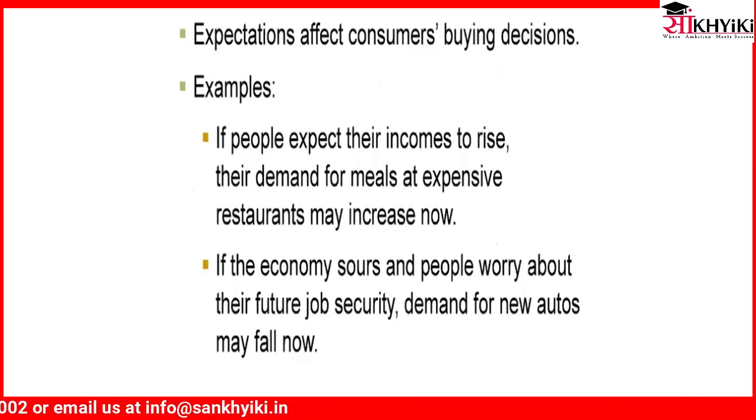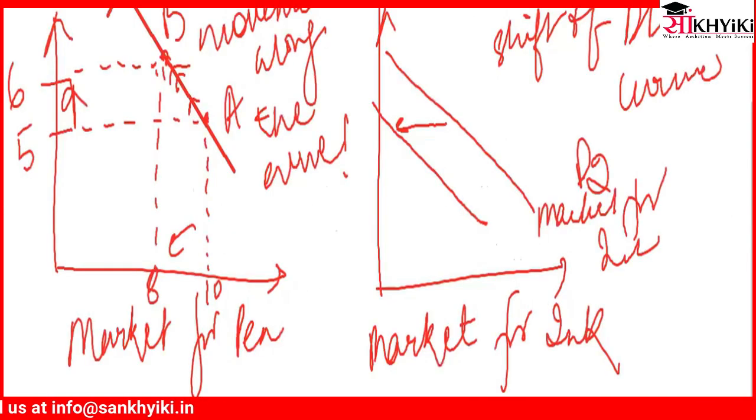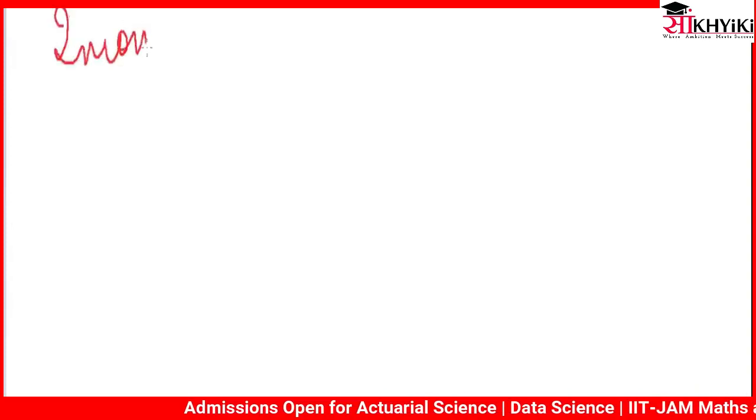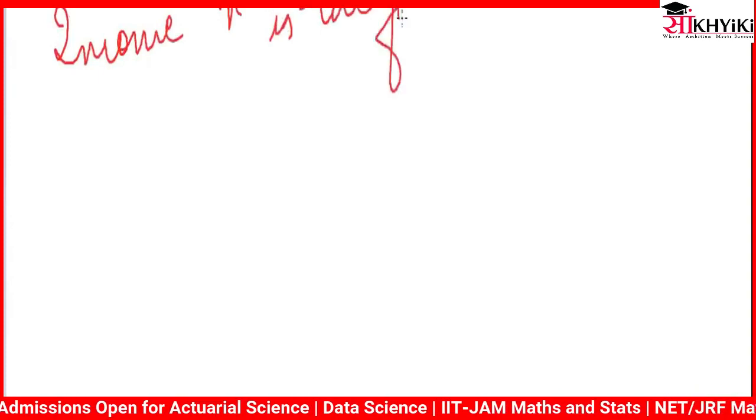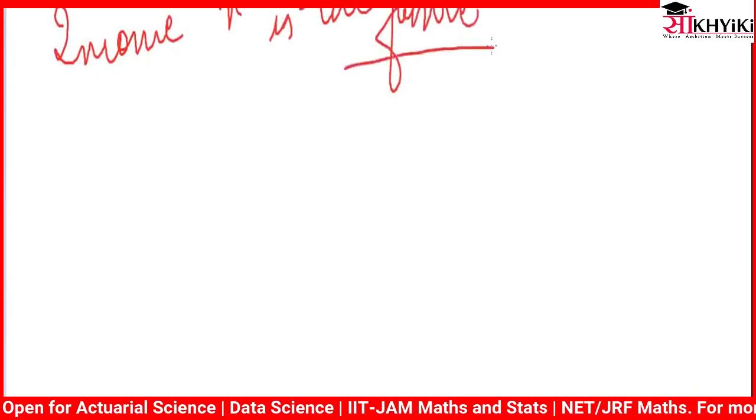The last thing that we have to understand is the scenario of expectations. Now, this is very interesting. For example, I am expecting that my income is going to increase in the future, and the future is not very far.